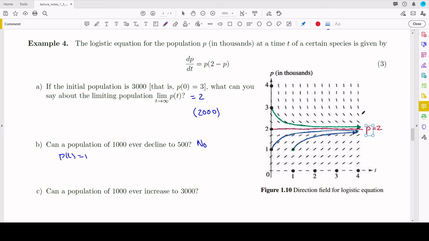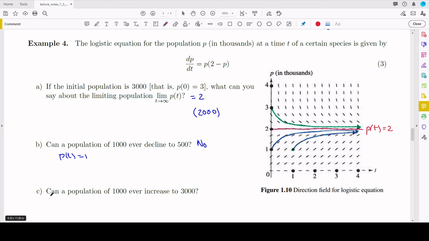Let me point out that this is the solution that is identically equal to 2 no matter what t is. If you plug that in, the constant solution, you get 2 times 2 minus 2, that's 0, and the derivative of a constant is 0. So we have 0 equals 0, so the constant solution is a solution to this differential equation.